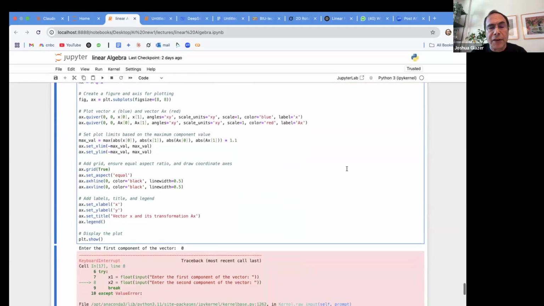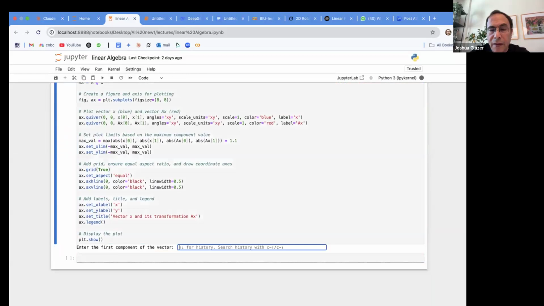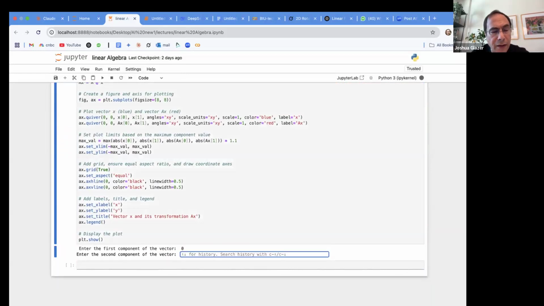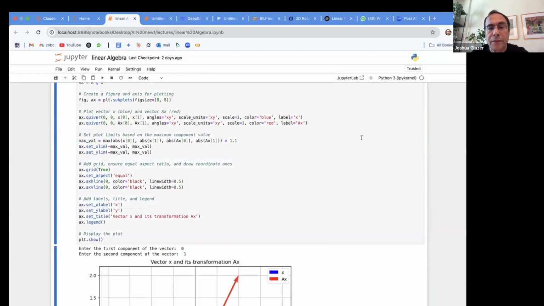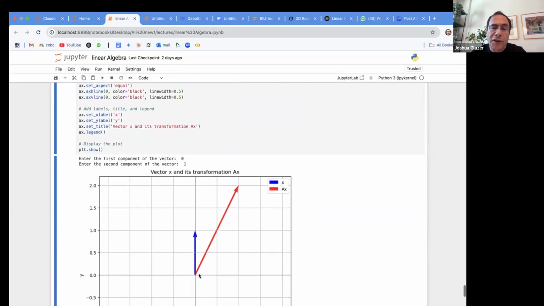Okay, let's do now 0 and 1. Okay, so 0 and 1, we're not surprised. And this is what happens when you multiply. So you see that the blue arrow is not an eigenvector, right? Because what happened to it? Not only did it change its length, it even changed its direction.